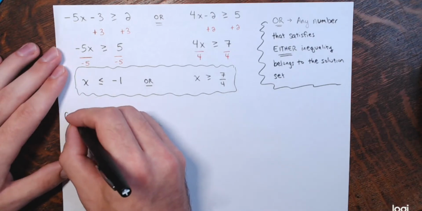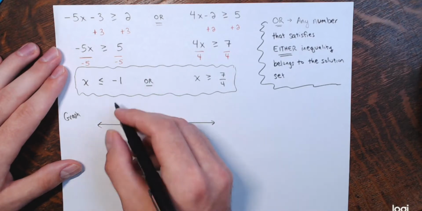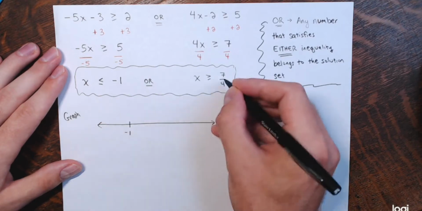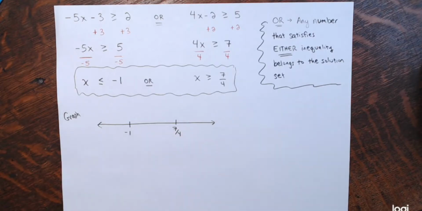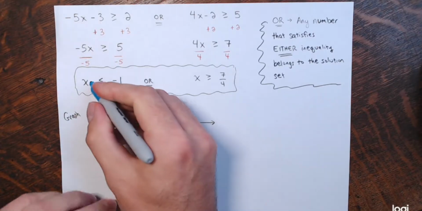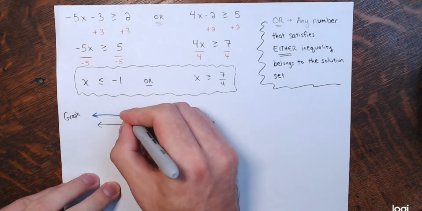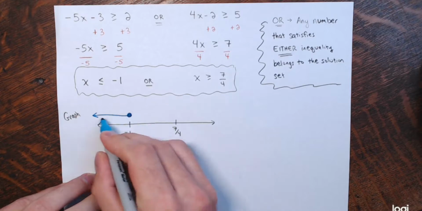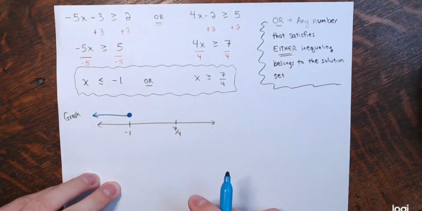So I can graph the solutions below. Negative 1 was mentioned, and positive 7/4, which is to the right of negative 1, is also mentioned. All the numbers less than or equal to negative 1, to the left of negative 1 or negative 1 itself, satisfy the first inequality, therefore satisfy the compound inequality.